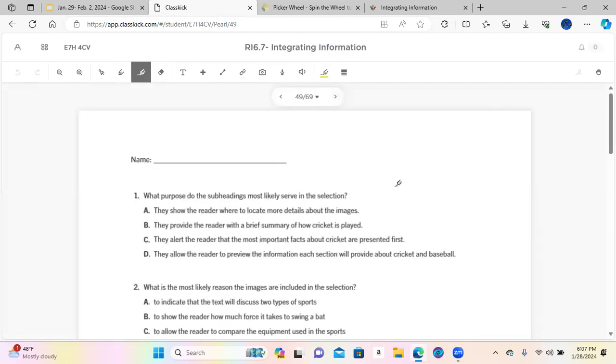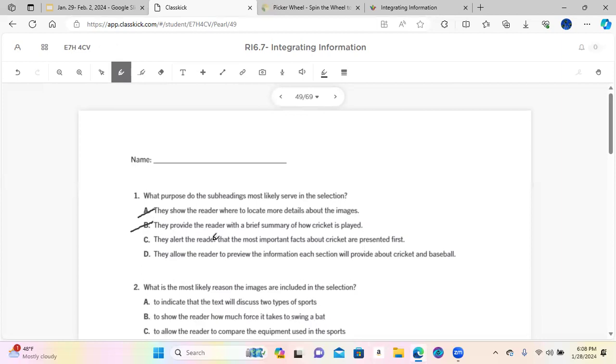So A, they show the reader where to locate more details about the image. So we're going to use a process of elimination. So no, not necessarily. B, they provide the reader with a brief summary of how cricket is played. No, because not all of those subheadings focus on how it was played.